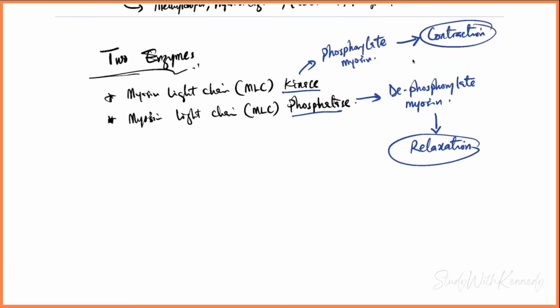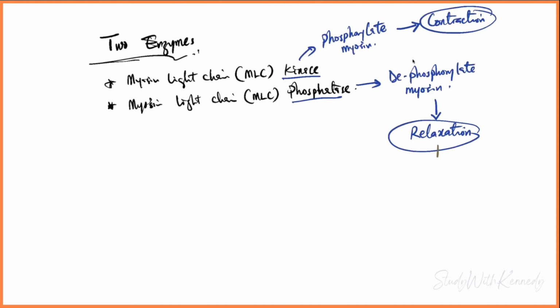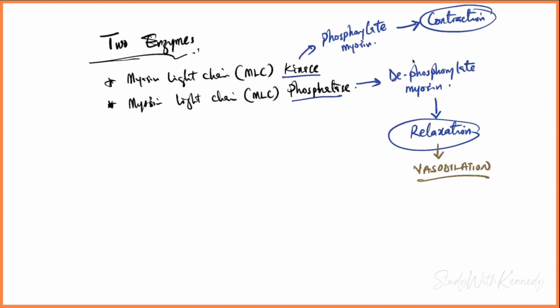This contraction or relaxation will cause the changes we need in the blood vessel. If you cause relaxation, we would achieve vasodilation. If you cause contraction, we will achieve vasoconstriction. So you want to bear these simple points in mind.